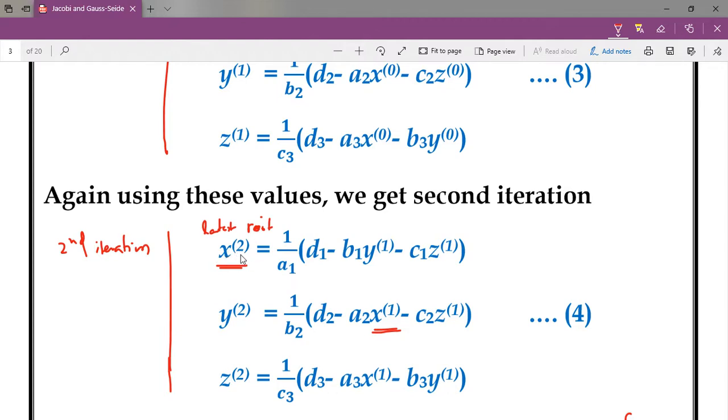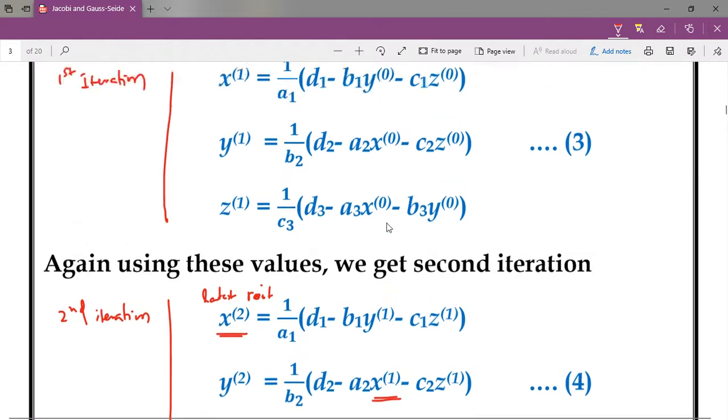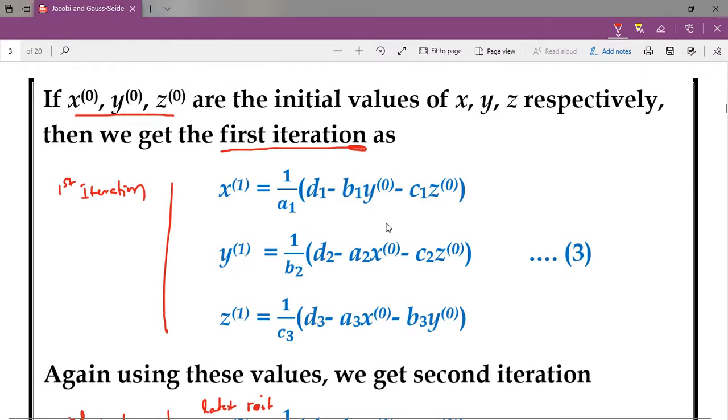Or you can come to the first iteration only. To find x1, we use y0 and z0. But to find y1, we are again using x0 and z0. Instead, can we use x1 in place of x0?